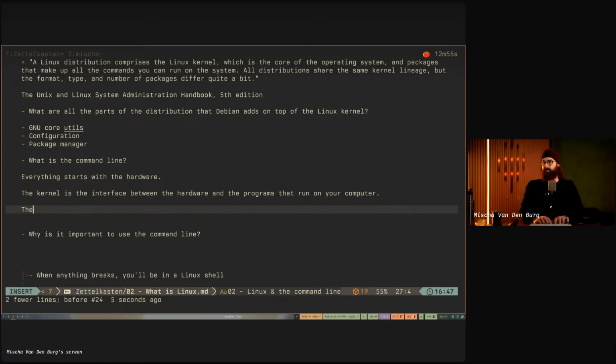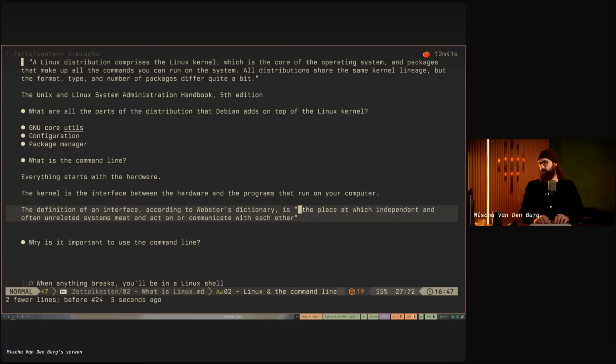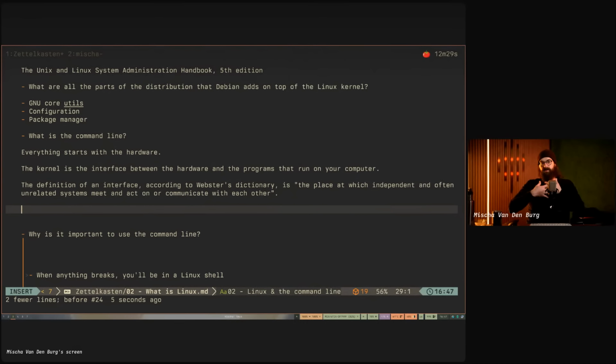Now, the definition of an interface, according to Webster, is the place at which independent and often unrelated systems meet and act on or communicate with each other. So it's a place of communication. Between me and the machine is the kernel, which is the interface.